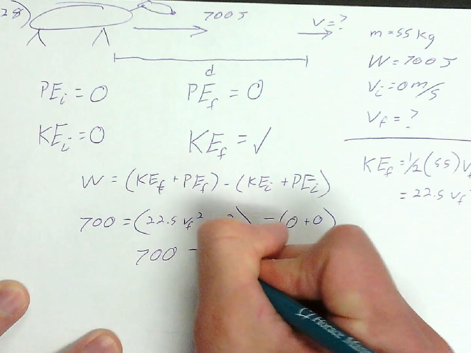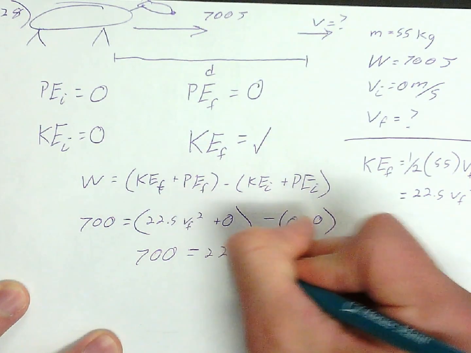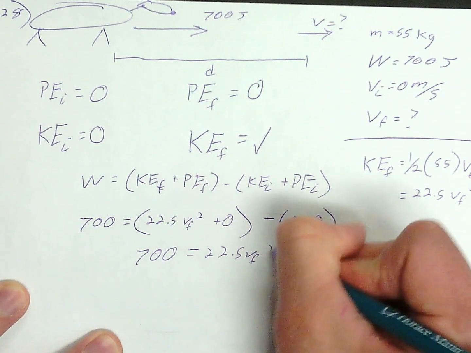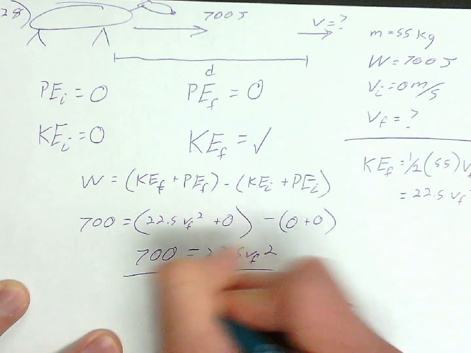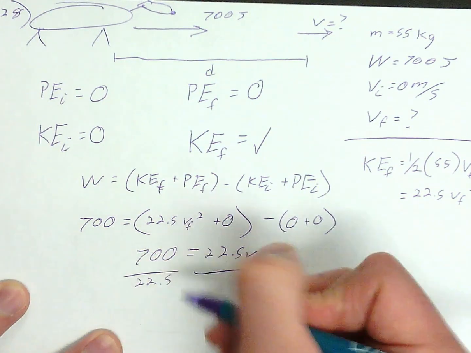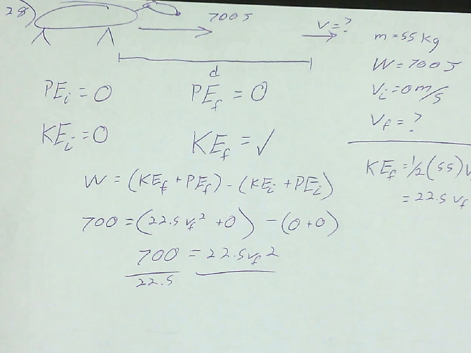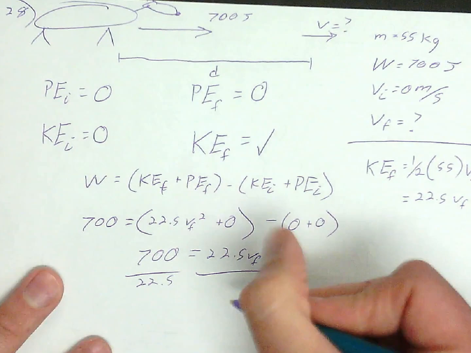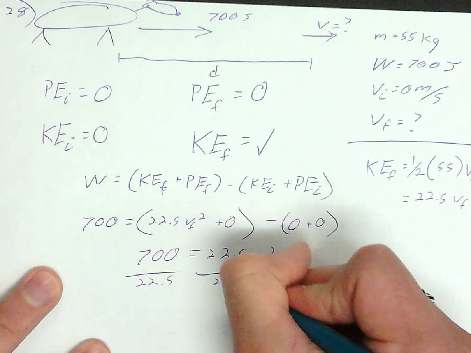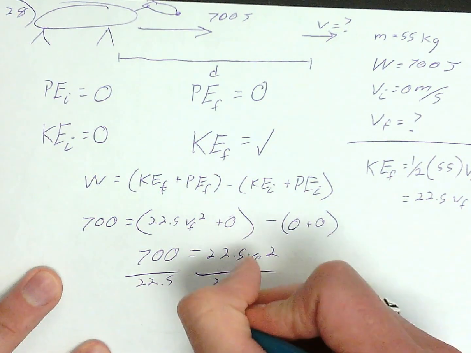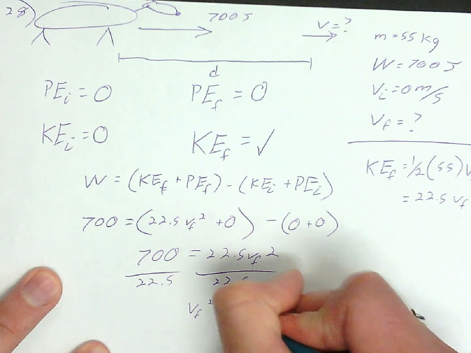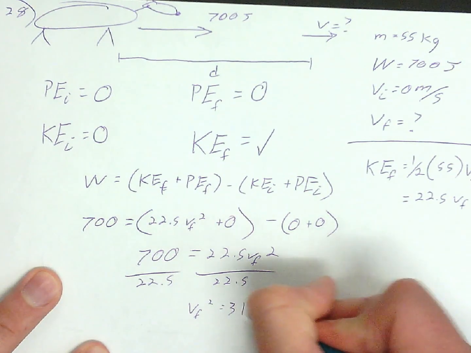700 equals 22.5 VF squared. Divide the 22.5 over. You get VF squared equals 31.1.